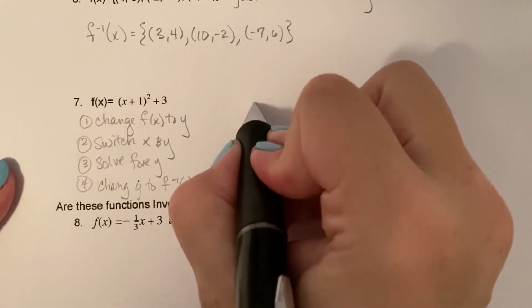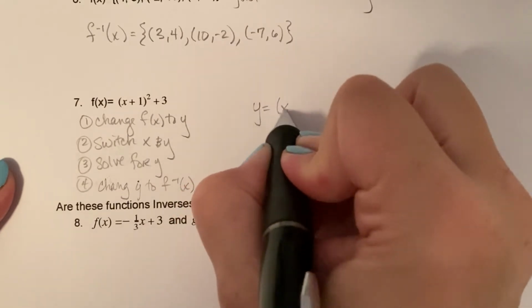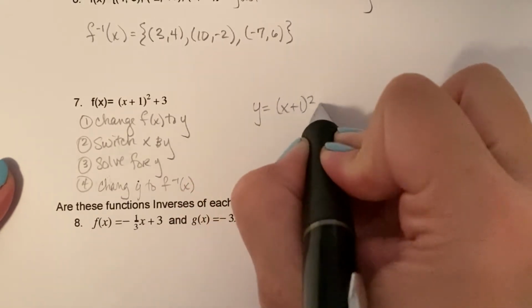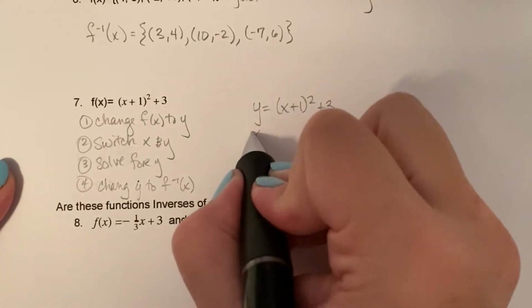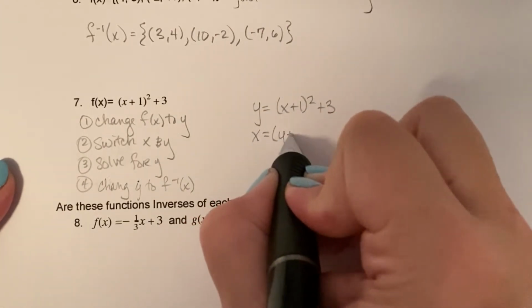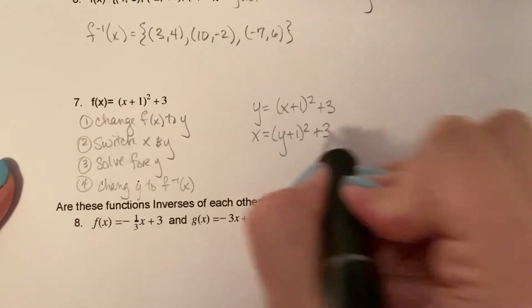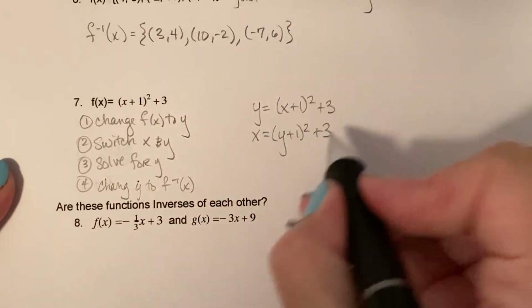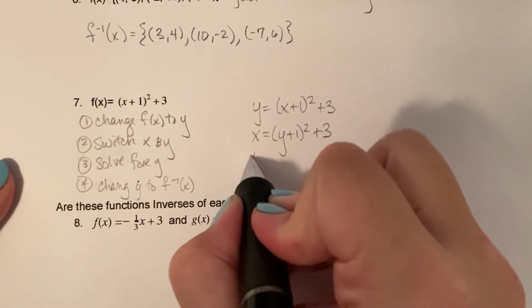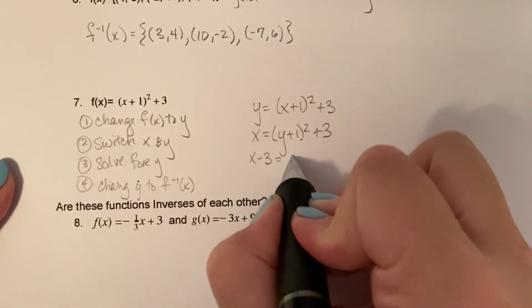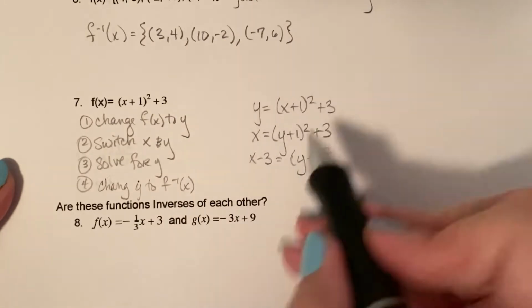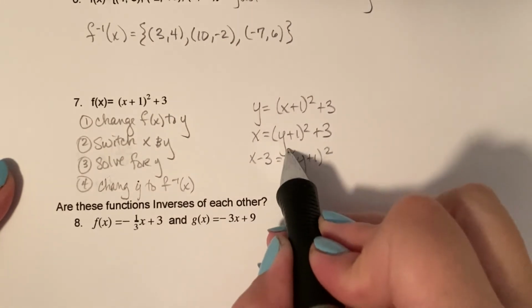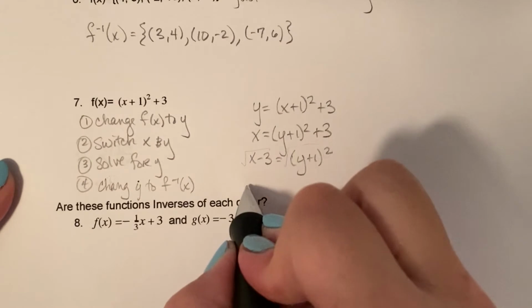Okay, so first step, y equals (x plus 1) squared plus 3. Switch the x and y, so x equals (y plus 1) squared plus 3. Now solve for y. So we're going to subtract that 3 over. Okay, to get rid of a power of 2, we're going to square root both sides.